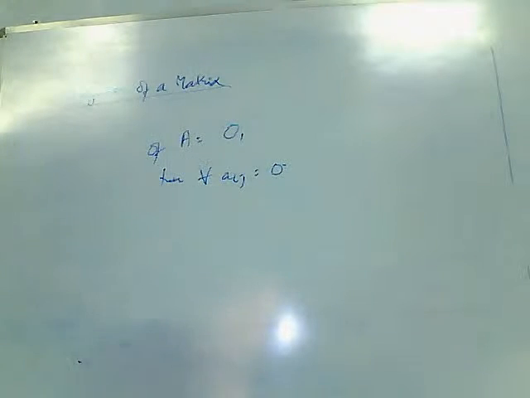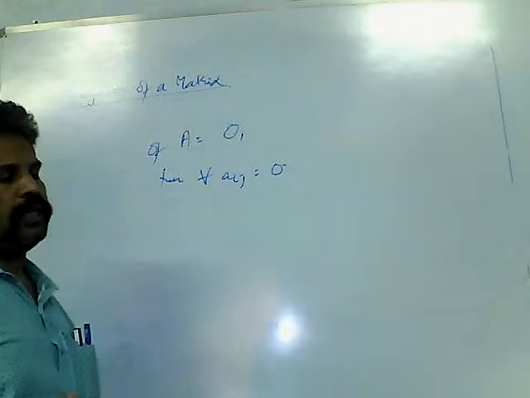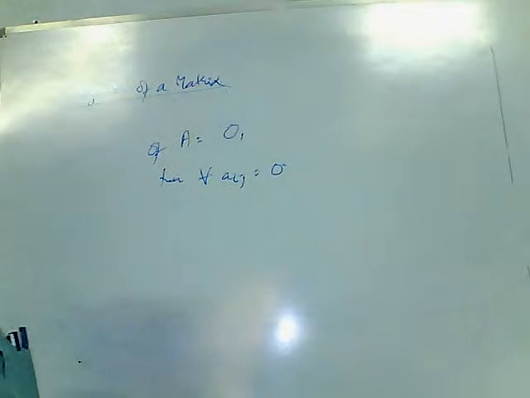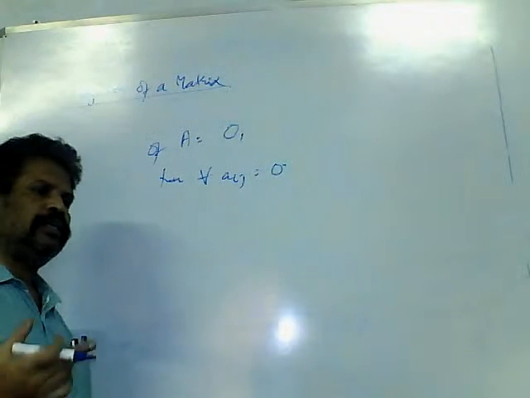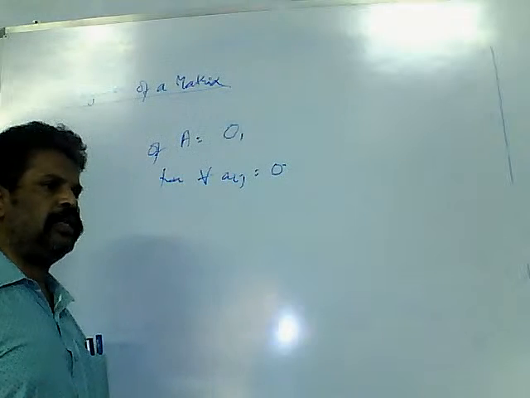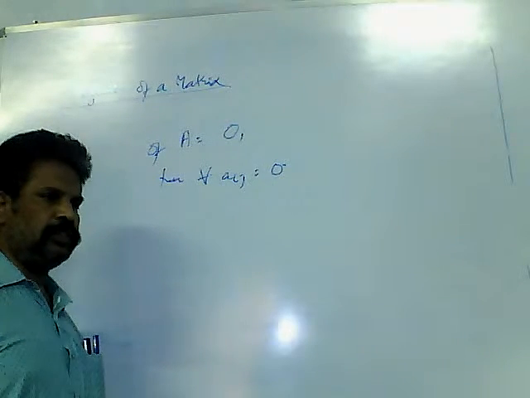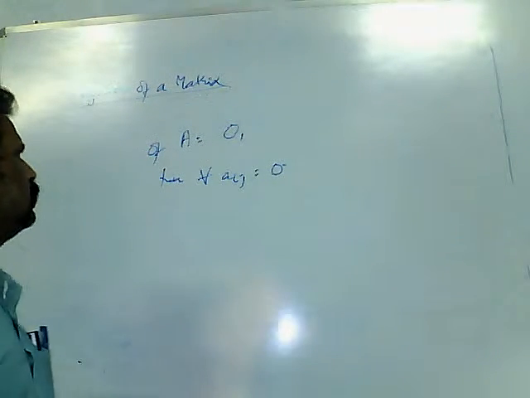Every element, its location is 0. A11, A12, A13 is 0. Everything. A21 0, A22 0, A23 0, A31 0, A32 0, A33 0. Likewise, you can go for all Aij equal to 0. So 0 is called the zero matrix, right?